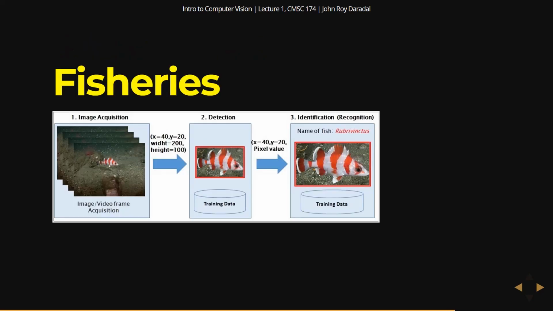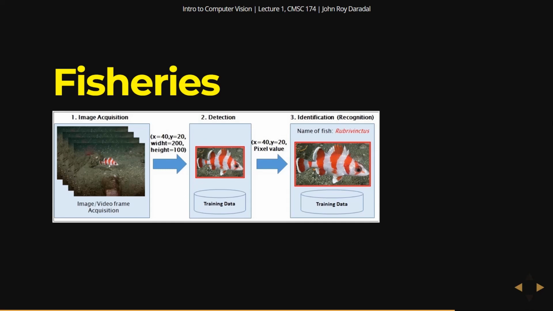So I was part of a project before wherein we basically did surveys, or like a census, of fish underwater. We took a camera rig and made it stay for about 15 to 30 minutes underwater, and the fish would just pass by the camera.